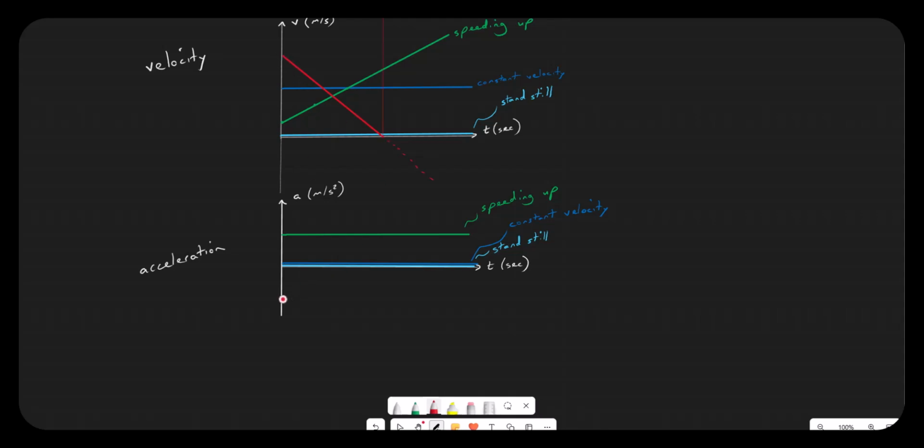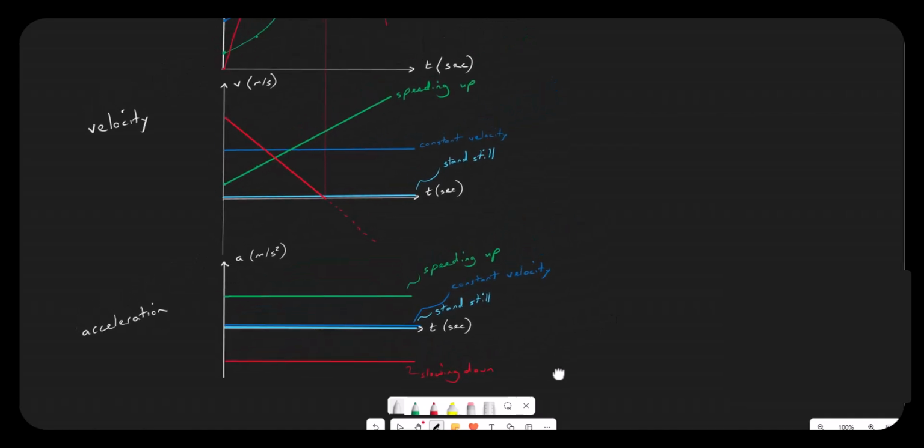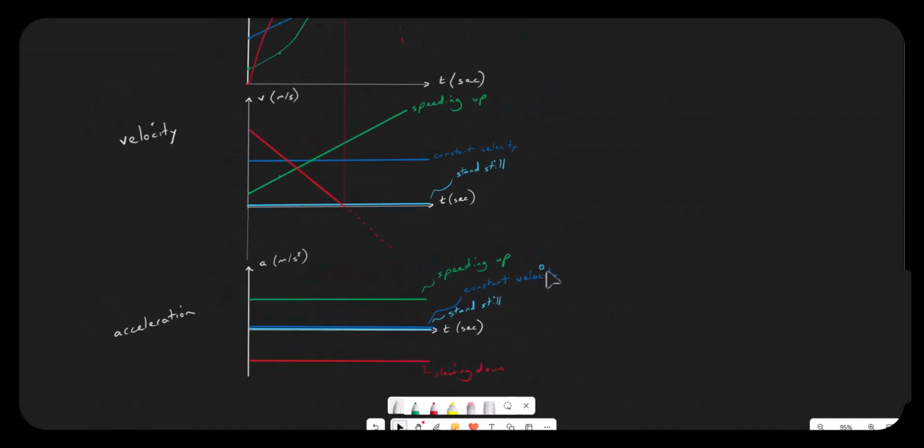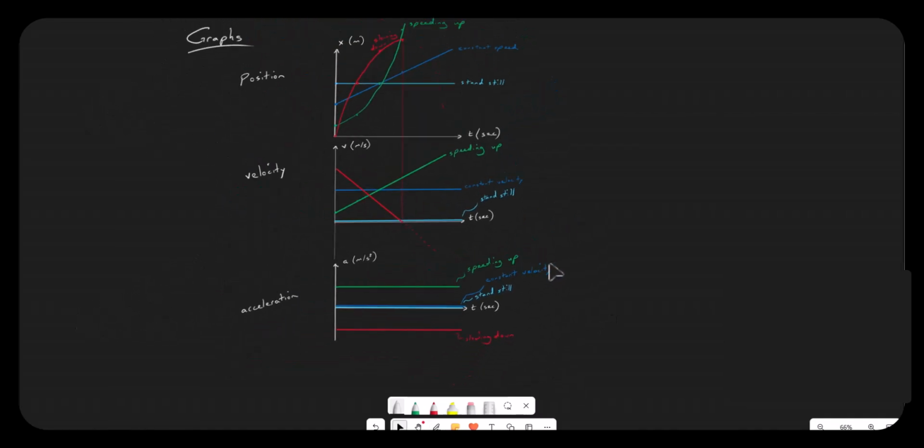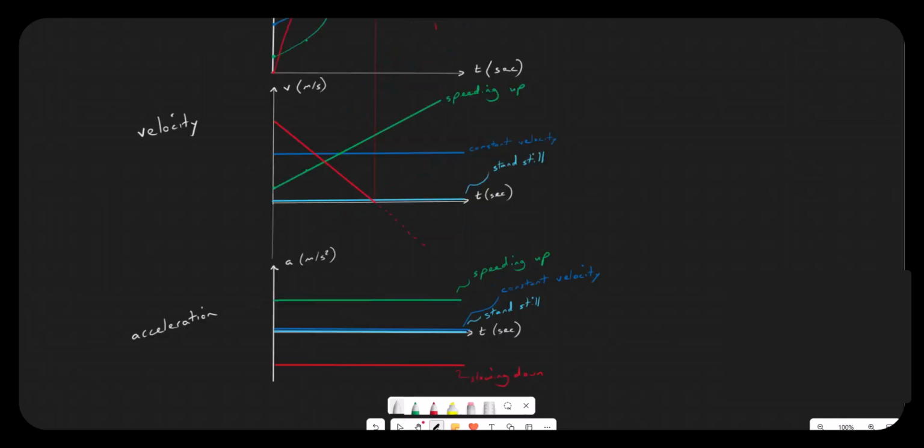I have a constant negative acceleration. Another flat line. My acceleration versus time graphs are admittedly kind of boring, but that's not the worst thing. Here are all of my graphs put together.